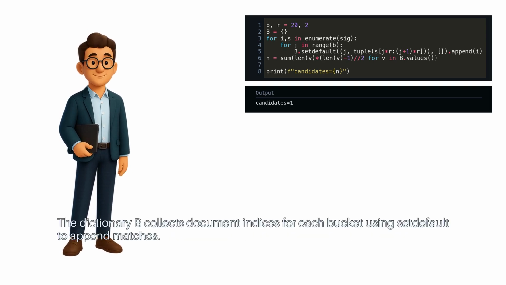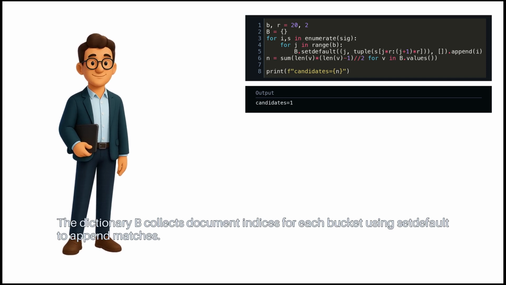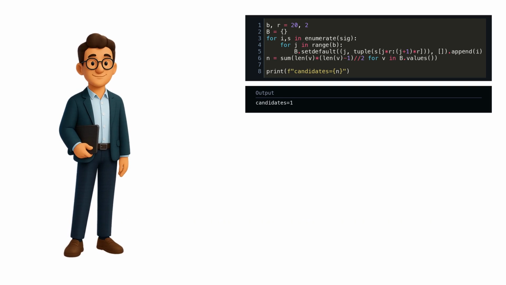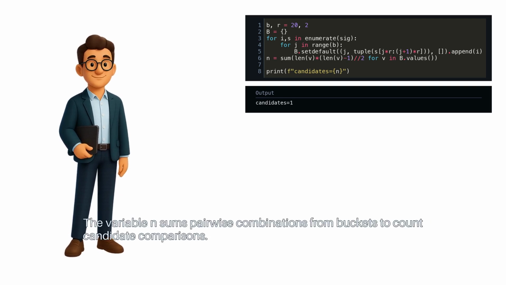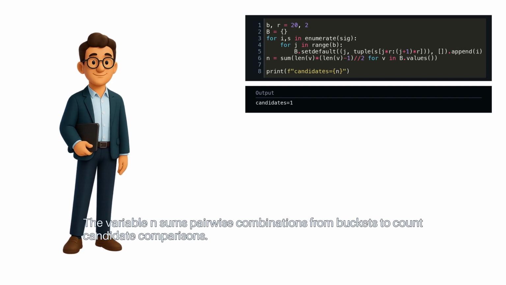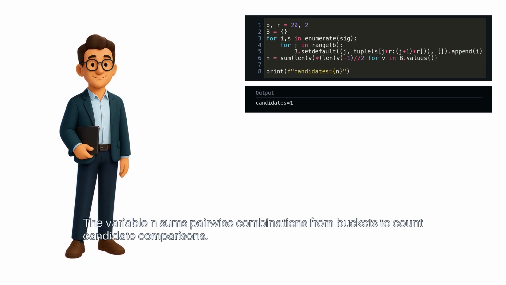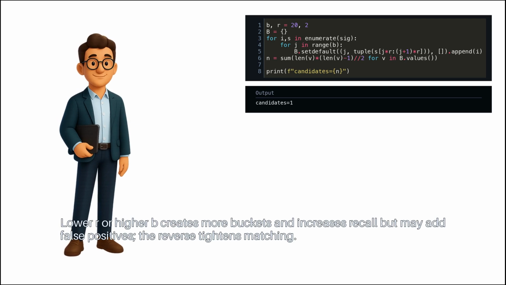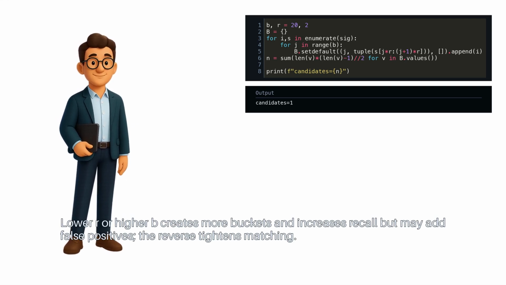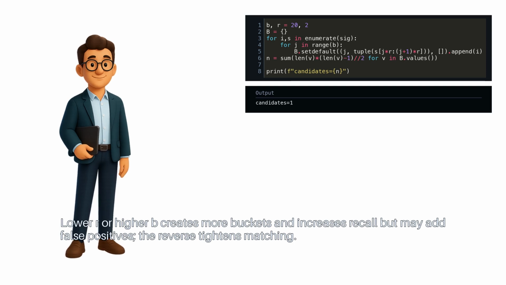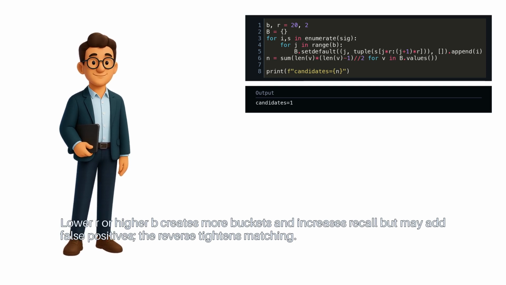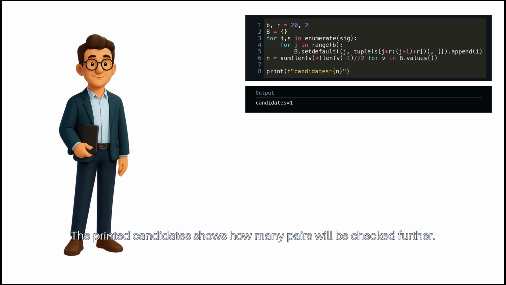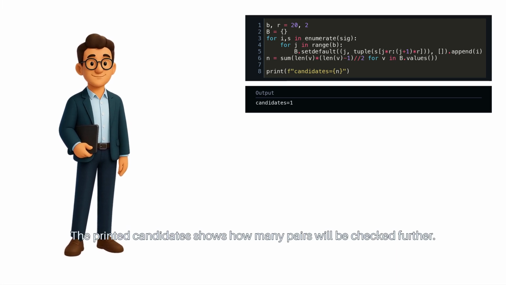The dictionary B collects document indices for each bucket, using setdefault to append matches. The variable n sums pairwise combinations from buckets to count candidate comparisons. Lower r or higher b creates more buckets and increases recall, but may add false positives. The reverse tightens matching. The printed candidates shows how many pairs will be checked further.